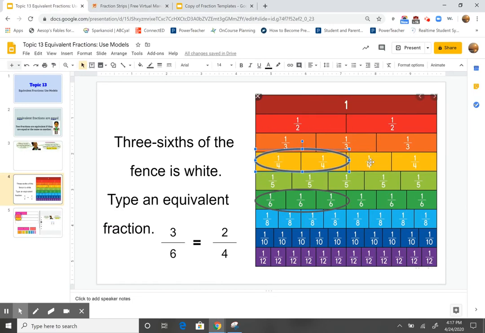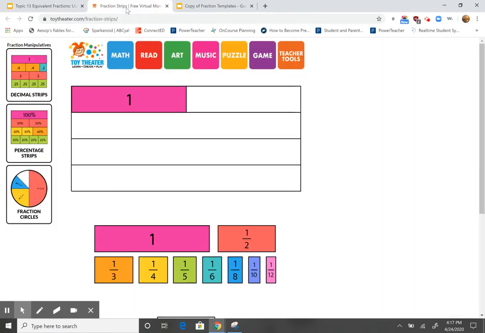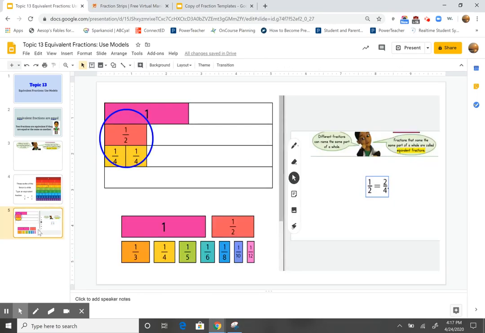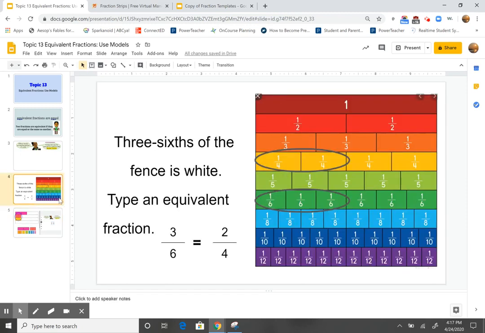If you want to go into the virtual manipulative where you can do it yourself, you can go in there and check it to see if they are in fact equal. So in review, we saw that they are equal when they line up in this way. All right. Good luck, and we'll see how things turn out with this first lesson on equivalent fractions using fraction strips as a model.